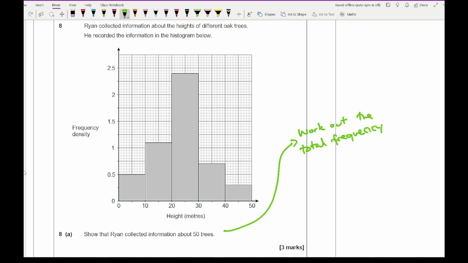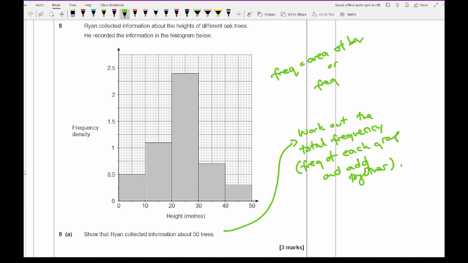In other words, the frequency of each group, and add together. So remember that the frequency is equal to the area of the bar, or the frequency density multiplied by the class width.